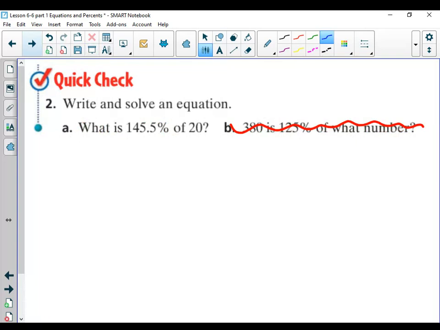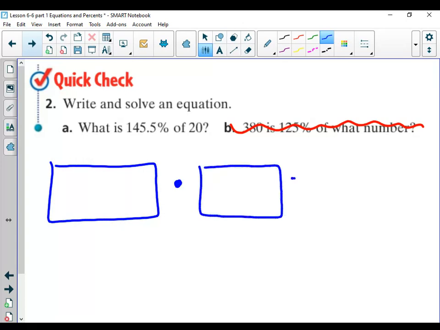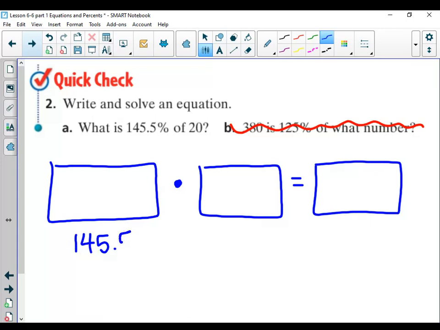Box number 2. I need my percent as a decimal. Move left twice.